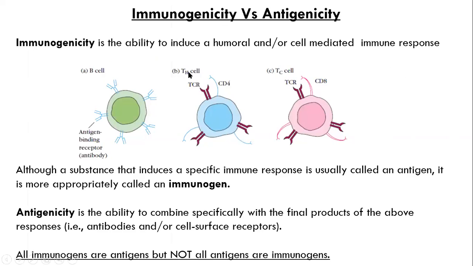Mere attachment of an antigen to either a T cell receptor or the antibody in the immune cell may not elicit an immune response, because we are talking about a chemical structure present on the cells. Chemistry and protein-protein interaction can happen here. That is called antigenicity. A chemical molecule of antigen can interact with the molecule present in the immune cells.